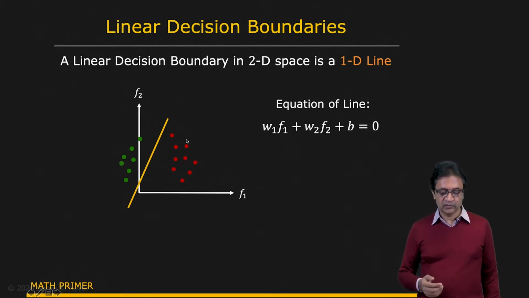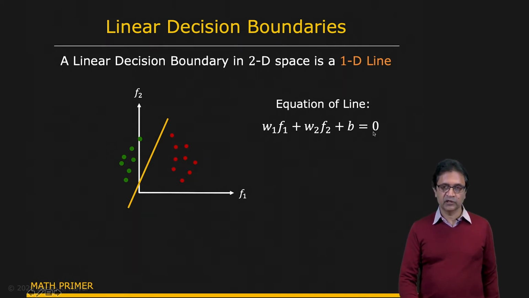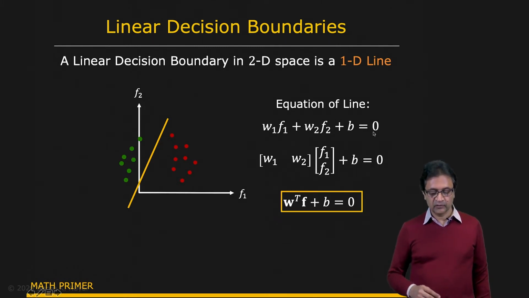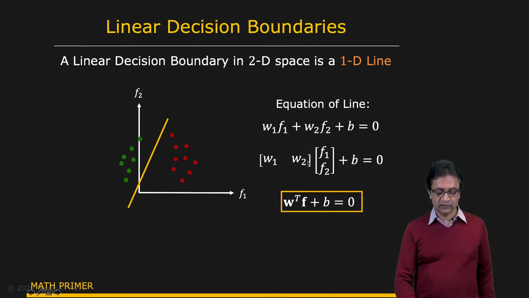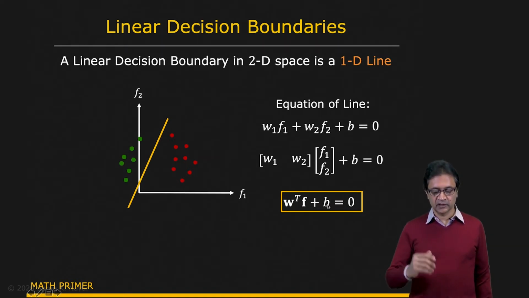So, this decision boundary can be written using the equation of the line, w1f1 plus w2f2 plus b equal to 0. In vector form, it can be written as follows. w is your coefficient vector, f is your feature vector, and b is a scalar which corresponds to the intercept.